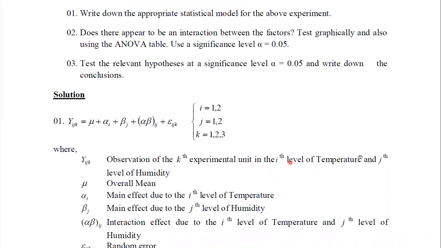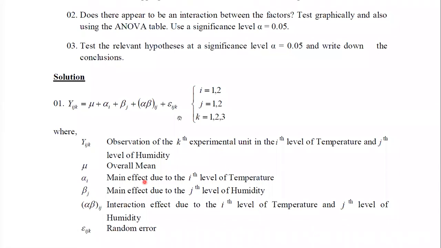Here I am considering i as the temperature and j as the humidity. Mu is the overall mean, alpha i stands for the main effect due to the ith level of temperature, and beta j is the main effect due to the jth level of humidity. Alpha beta ij stands for the interaction effect due to the ith level of temperature and jth level of humidity.